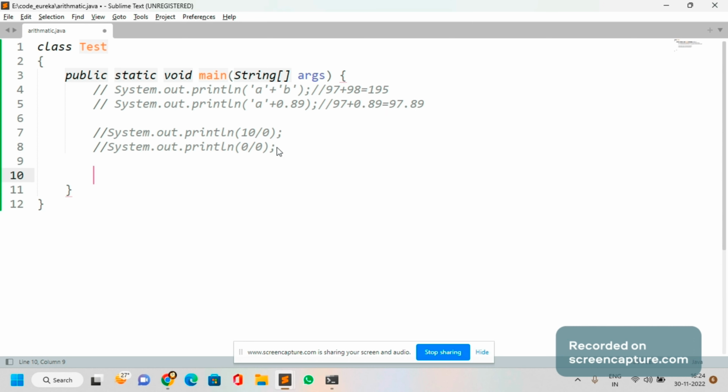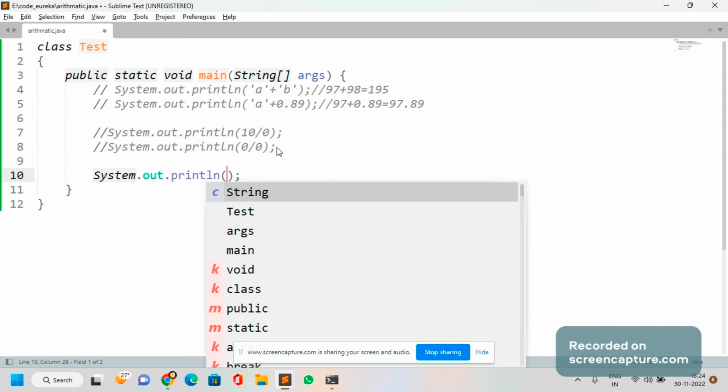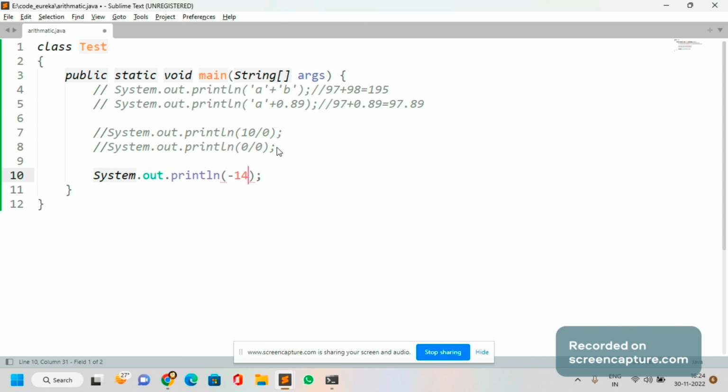Next, System.out.println(-14.0 / 0), System.out.println(12.0 / 0.0). You know, a floating point non-zero value divided by 0 or 0.0 is infinity.